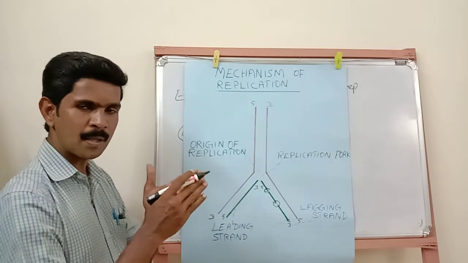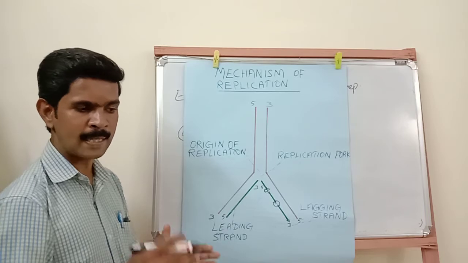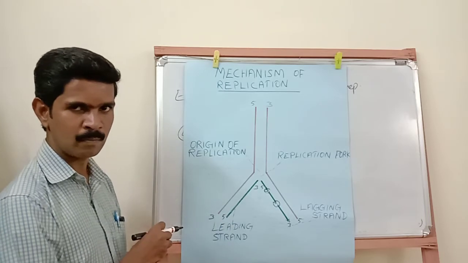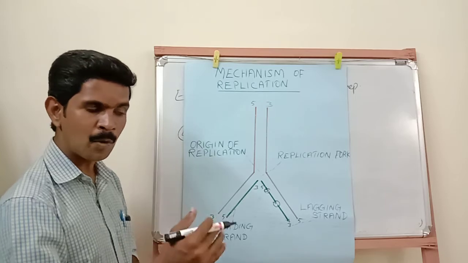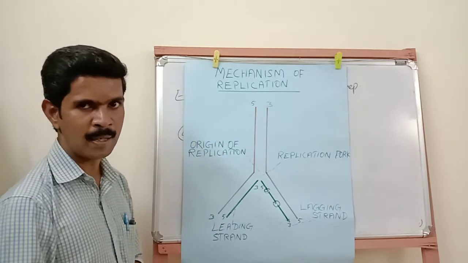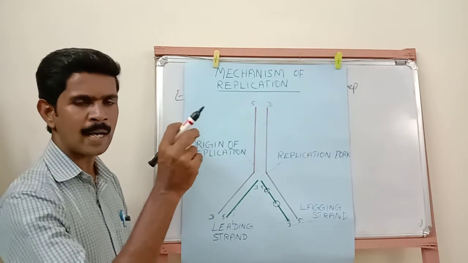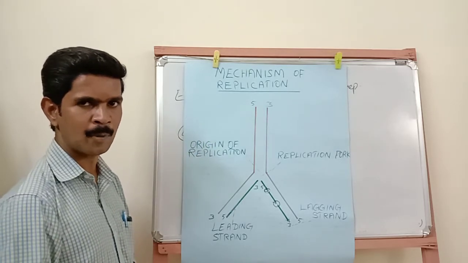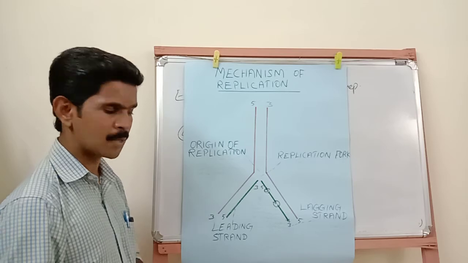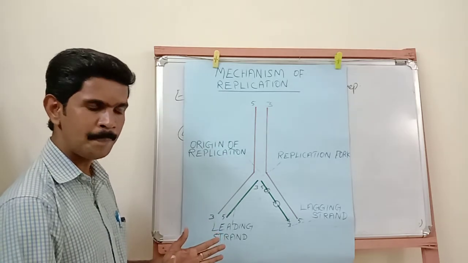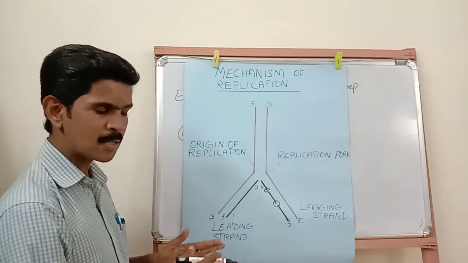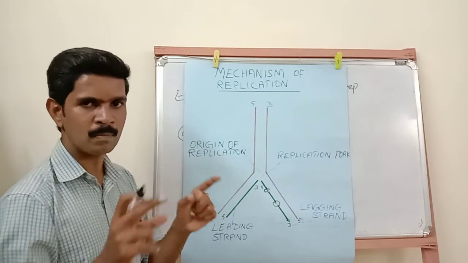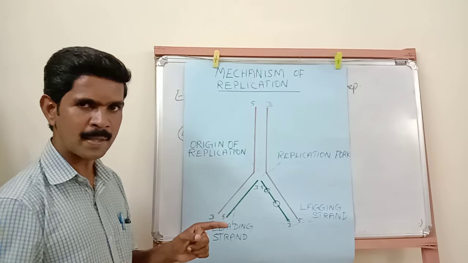After the replication process is over, this RNA or primer is removed from the 5 end. Then a small gap is there. That gap is filled with the DNA ligase enzyme. Listen very carefully, last point. For the replication process to produce two DNA molecules, a primer is needed.